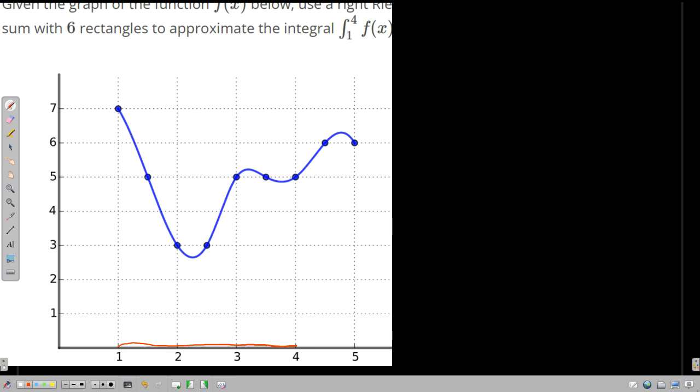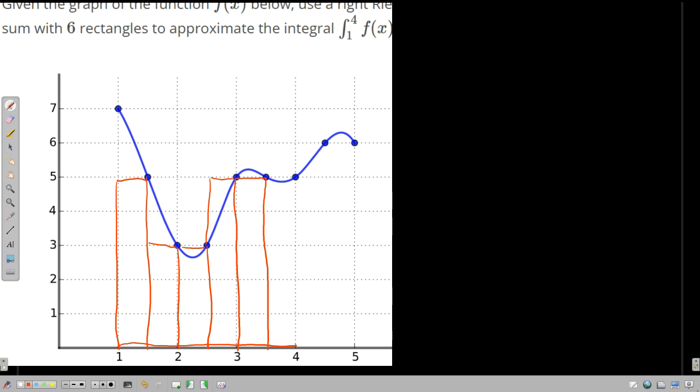So my first one is right there, second one is right there. And here's my third rectangle. And there's my fourth one. And there's my fifth one. And there's my sixth one.